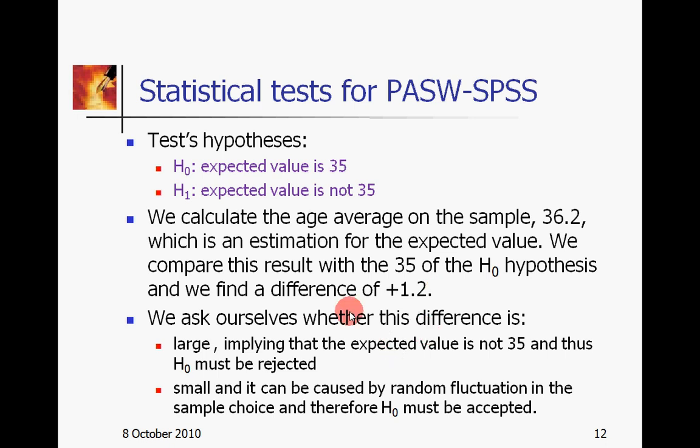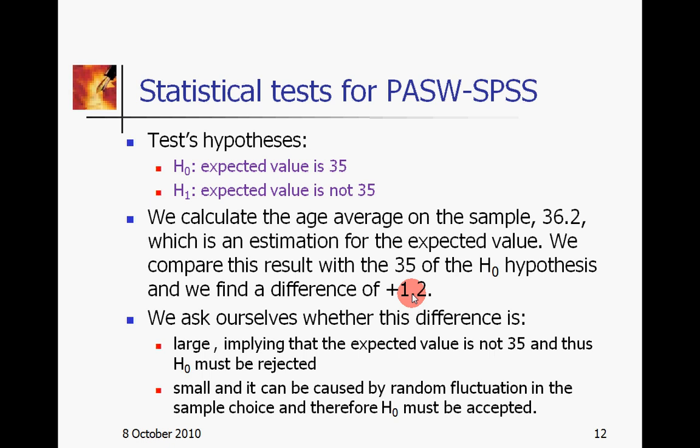The second reason may be due to the fact that the hypothesis H0 is wrong. So our sample is good, and the expected value of the age on the population is not 35. So this difference of plus 1.2 may be due to an unlucky choice of the sample, or to the fact that H0 is false.